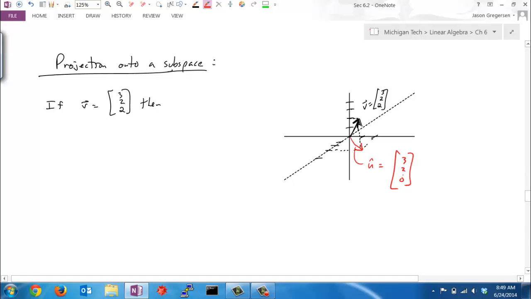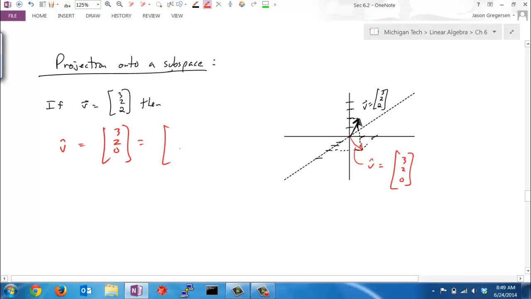All I'm doing is getting rid of the z component. I'm sending it straight down. That's really what I want it to be. I want v hat, the projection onto the plane, to be 3, 2, 0.